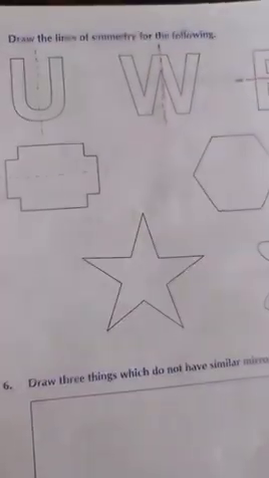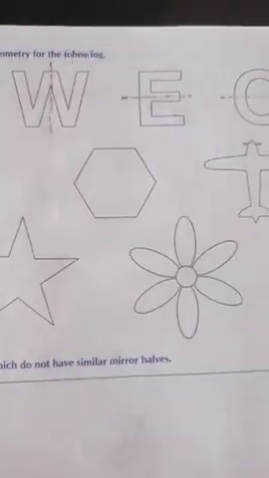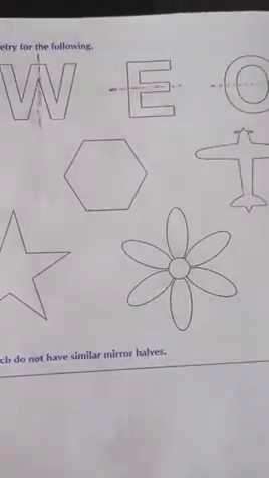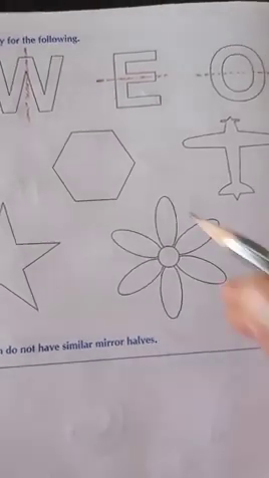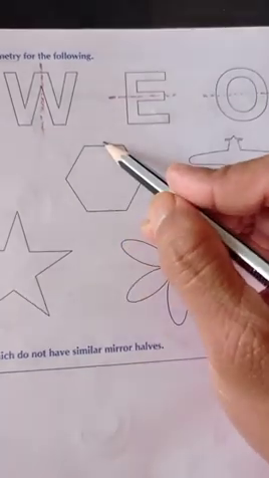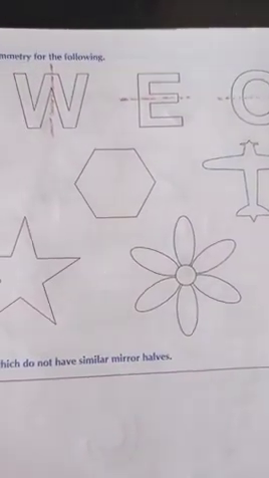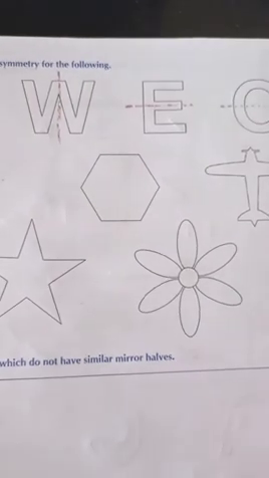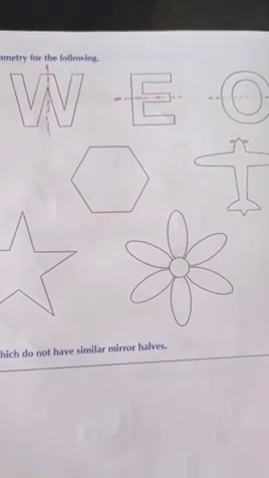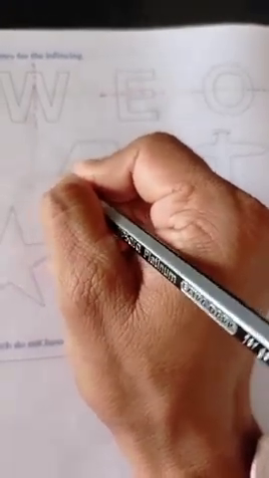Yes or no, children? Okay, now this one: 1 2 3 4 5 6, 1 2 3 4 5 6, hexagon. How will you divide the hexagon? Yes, we will divide it like this only, in the middle.